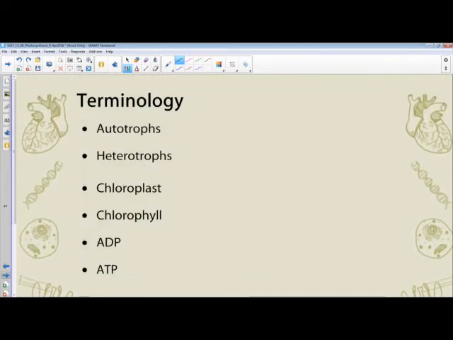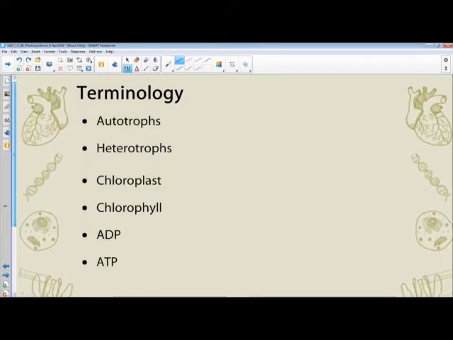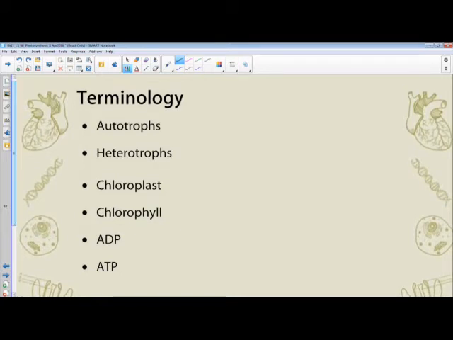Let's discuss some of the important terminology today. I know that you've looked at these terms before. Let's contextualize this into the concept of photosynthesis. We've got to discuss what autotrophs are. If you recollect from grade 8 and 9, we refer to organisms that are capable of manufacturing their own food as autotrophs. All autotrophs should be able to photosynthesize.